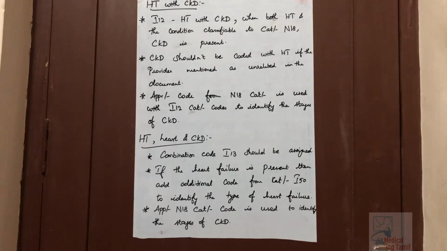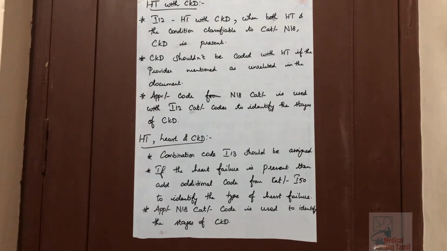We have to go for the combination code. If heart failure is also present, then we have to add an additional code from the category I50 to identify the type of heart failure, and the appropriate code from N18 category to identify the stages of CKD.